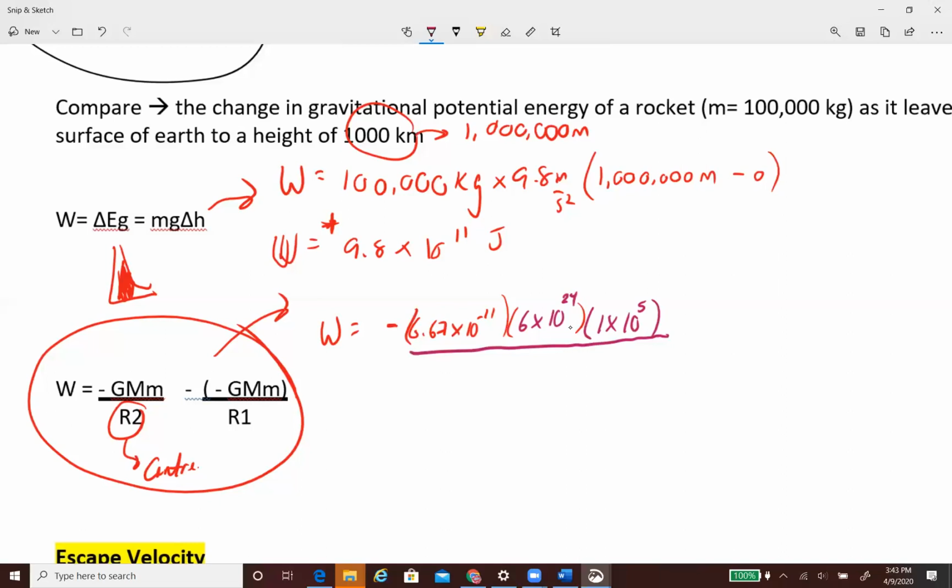R2. Now, R2 is the distance to the center. So here's the Earth. The rocket is about there. So that distance is the radius of the Earth plus 1,000 kilometers. So if the radius of the Earth is 6.3 times 10 to the 3 kilometers, then the rocket would be 7.3 times 10 to the 3 kilometers from the center, okay?